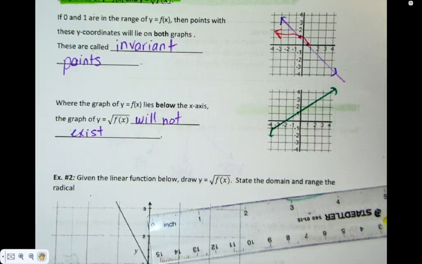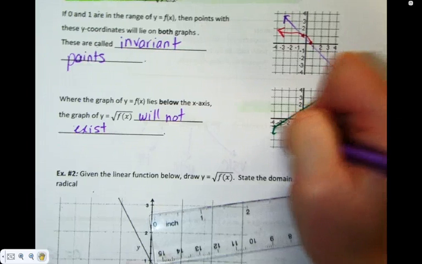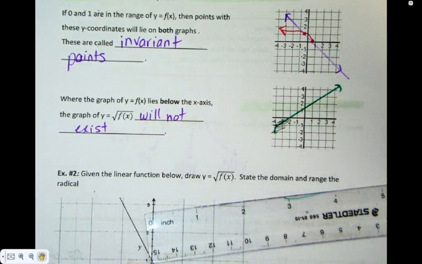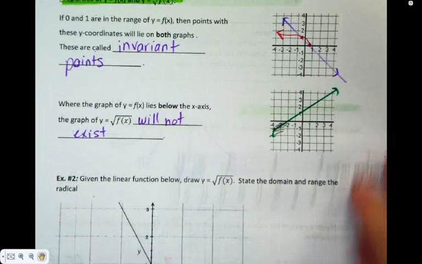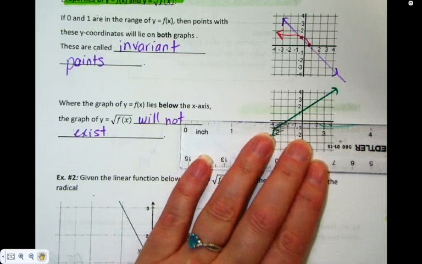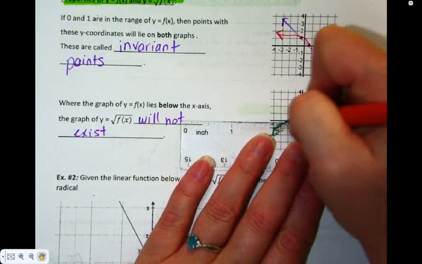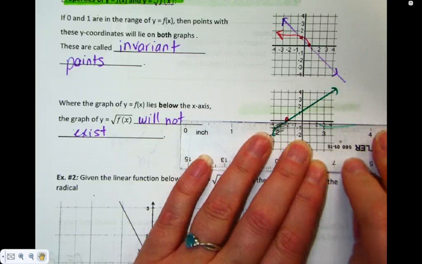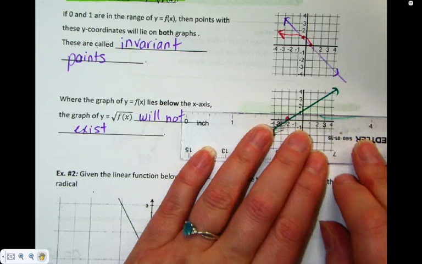So what this property tells me is anything below the x-axis is gone. It won't exist when I take that radical transformation. It's gone. Put your ruler right on the x-axis. Wherever the graph crosses, put a dot. Slide your ruler up to 1.